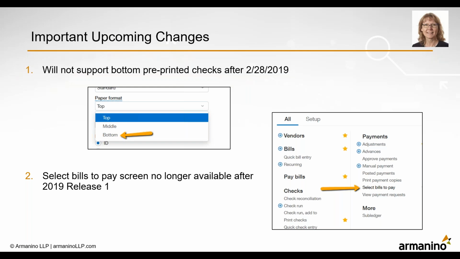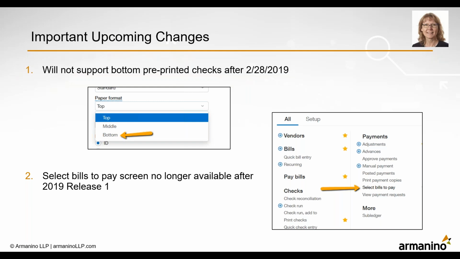You will not be able to select bottom for pre-printed checks. For blank check stock, it will still do the bottom check stub, just not on the pre-printed checks. So if you have check stock that is bottom pre-printed, go ahead and use those up and be prepared to change after February 28th of 2019.